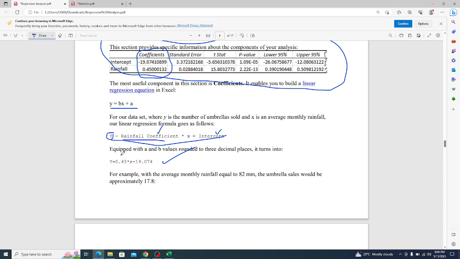I had already discussed this. We even did a prediction. Remember, we cross confirmed with the TREND formula and the FORECAST.LINEAR formula, or when we used the forecast formula.